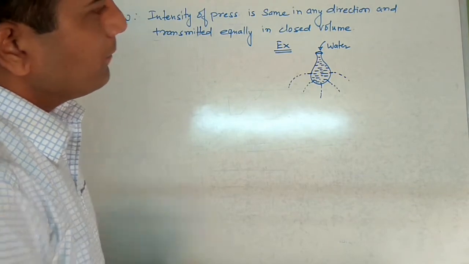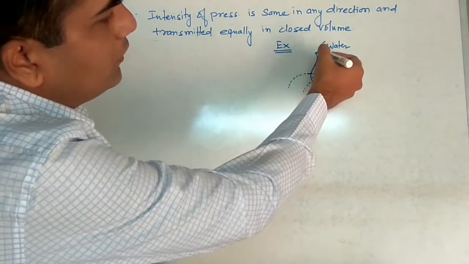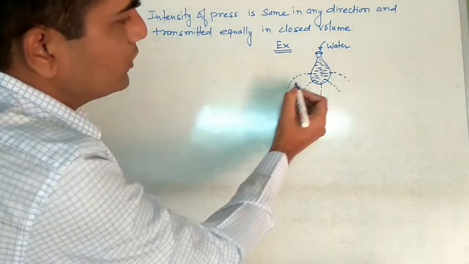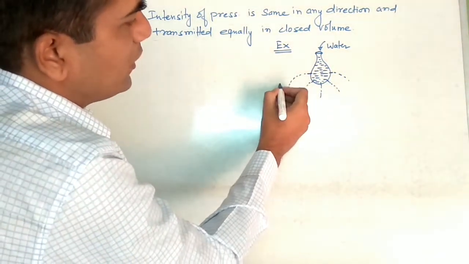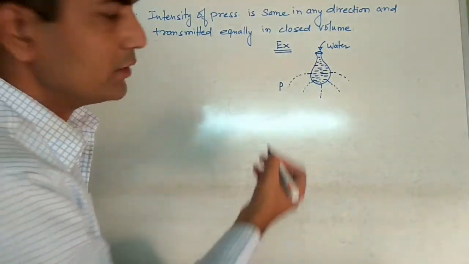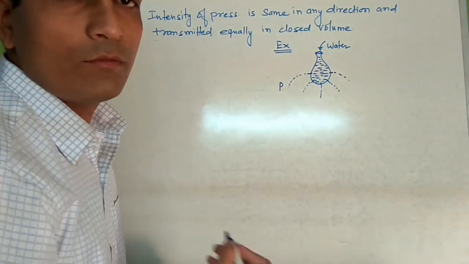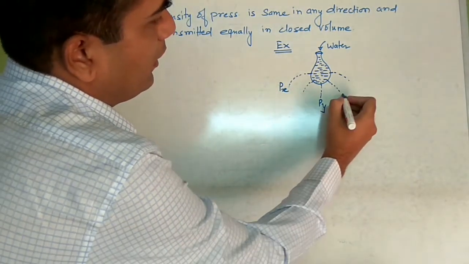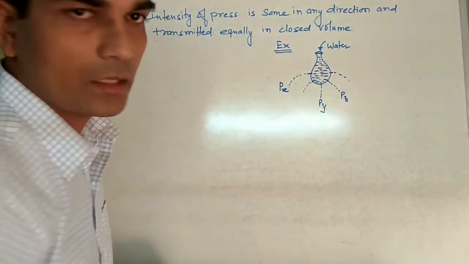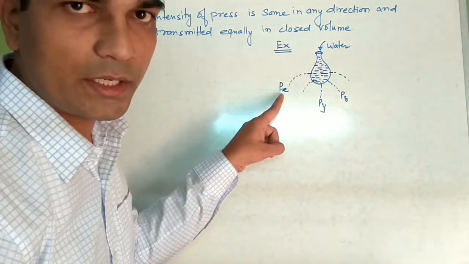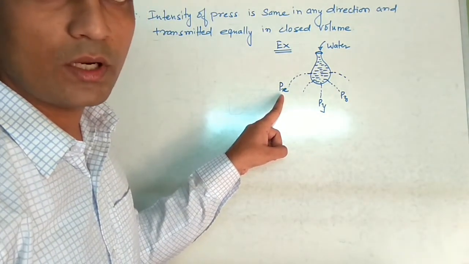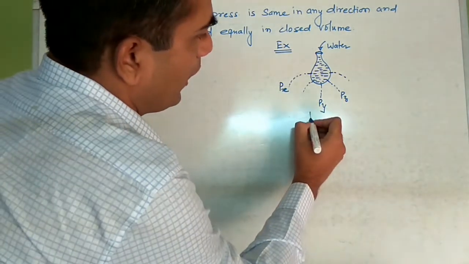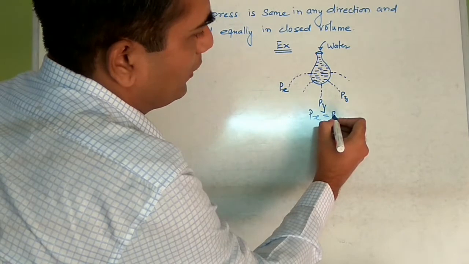When water comes out through this leakage, for our analyzing purpose, this is Px, this is Py, and this is Pz. Px is nothing but pressure intensity, or simply we may also call it pressure. So Px, Py, Pz are the same in any direction.